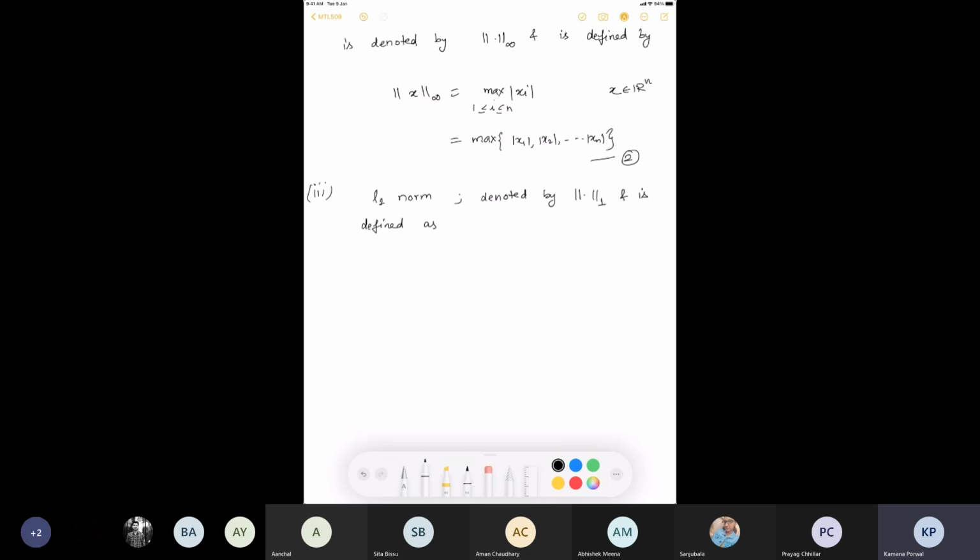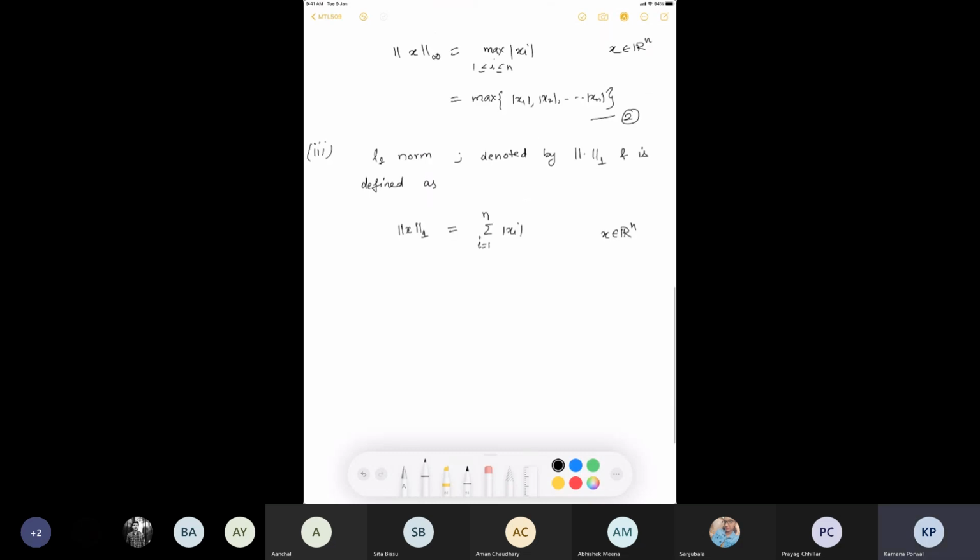So here, how do we define it? We are talking about the one norm of x. You take the components, take the absolute value and sum it over. Okay, this is called the L1 norm of the vector x.